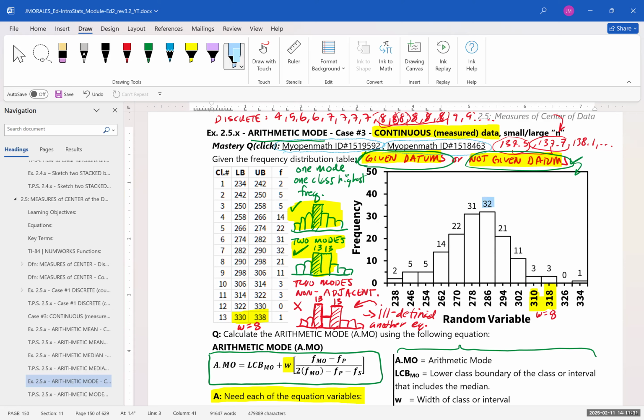The highest frequency is 32, so this class here is our modal class. I'll put modal class. The class with a frequency of 32 is this one. It's the 7th one.